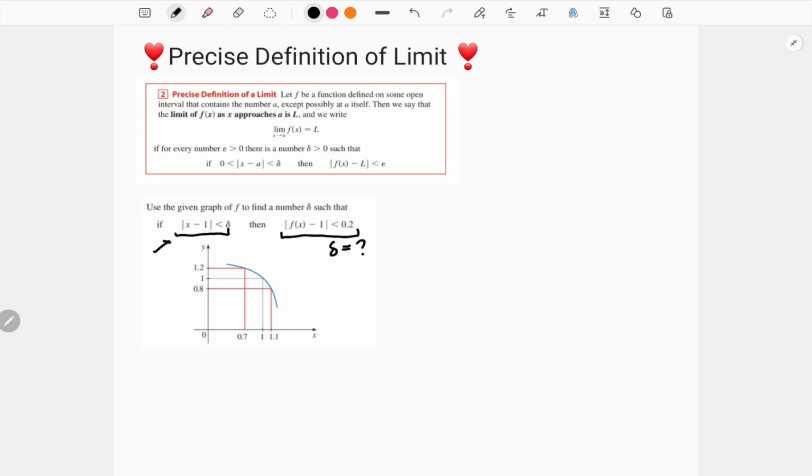So this part here is the condition, and this part here is the result. Okay, let's look at the result first. It means the absolute value of f of x minus 1 is smaller than 0.2. Let's write that in English.